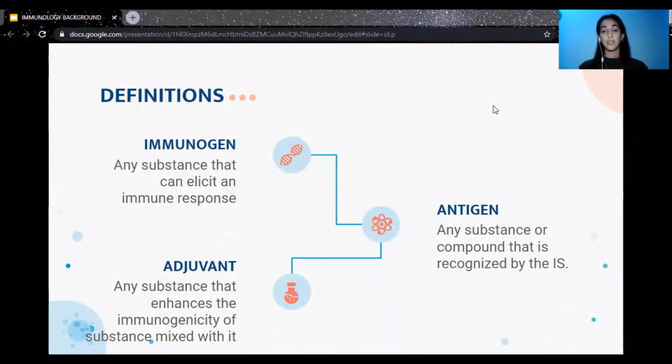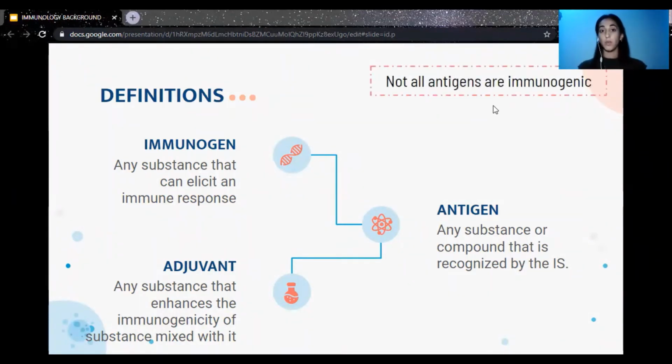Immunogens are substances that can elicit an adaptive immune response, whereas an antigen is defined as any substance that can bind to a specific antibody. Therefore, we can say that not all antigens are immunogenic, but antigens can be immunogenic.